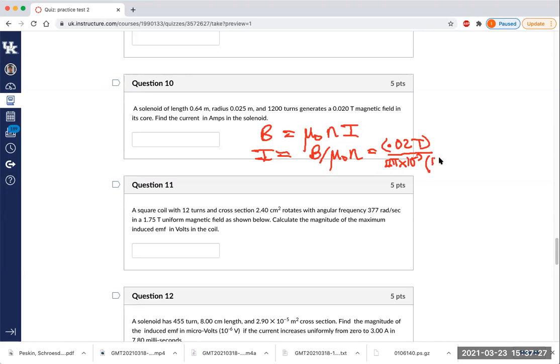Number of turns per unit length is 1,200. That's 1,200 turns divided by the length. So that's 0.64 meters. And so plug in all those numbers and we're going to get the current.